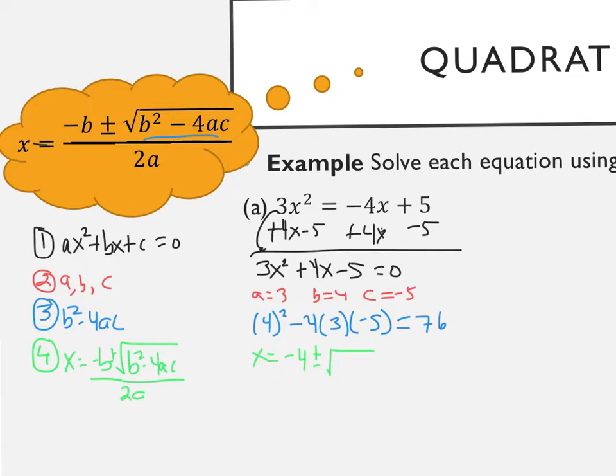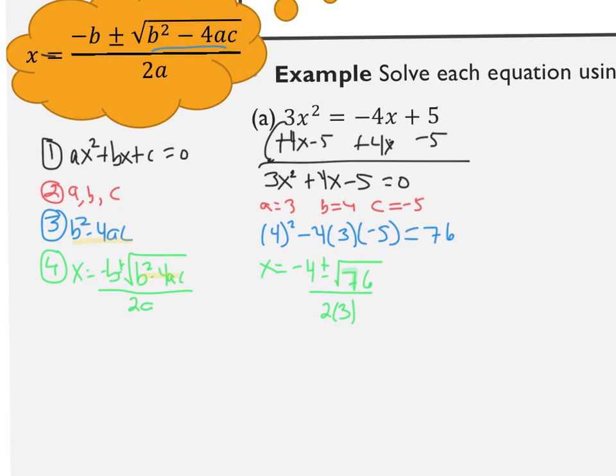Because we've already found b squared minus 4ac in the previous step, we just substitute the 76 underneath the radical. And then that's all over 2 times a, which in this case is 3. Okay, so now from here it just becomes a simplification process.